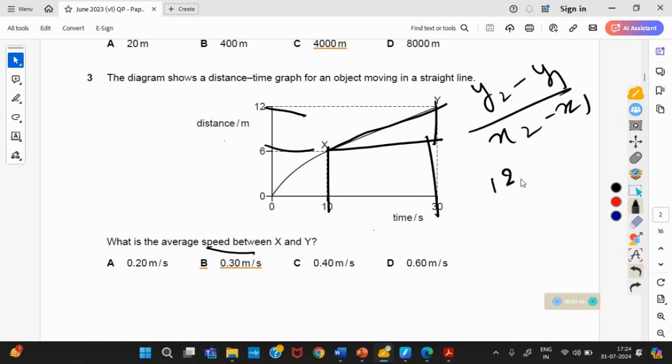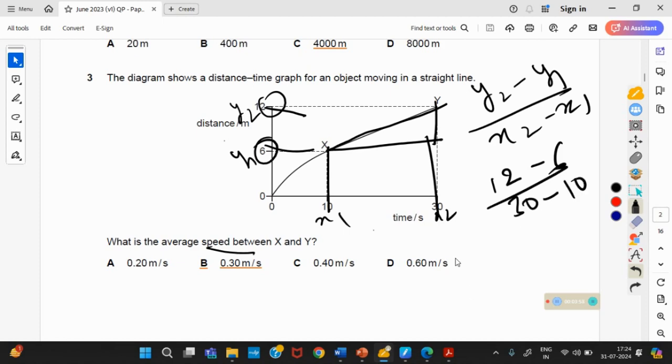So these values are 12 minus 6, divided by 30 minus 10. This is 6 by 20, which is 0.30 meter per second. So option B is the right one.